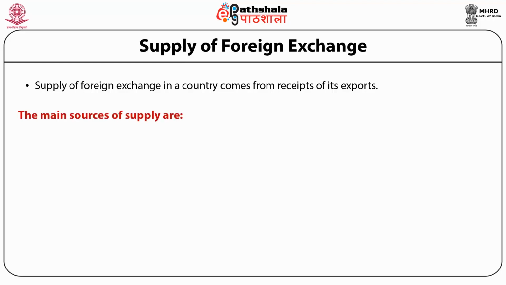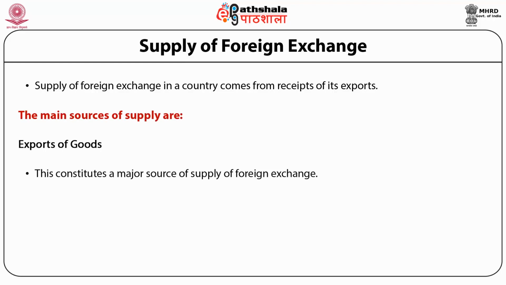The main sources of supply are exports of goods, which constitute a major source of supply of foreign exchange in a country. Both size and price of exports depend upon the elasticity of demand of goods. In India, the manufactured items occupy the top positions in the exports.